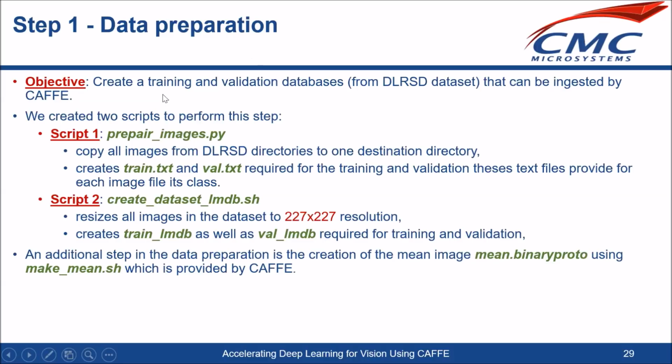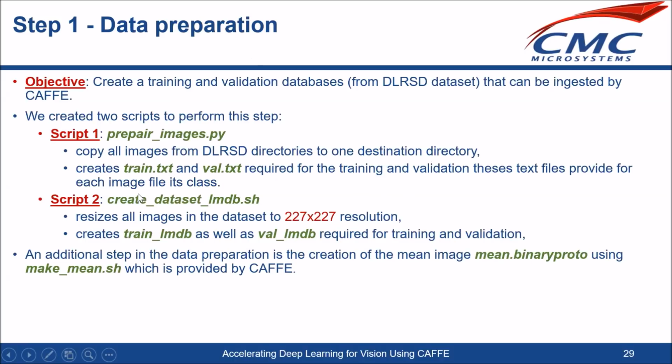The first step is to create training and validation databases from this data set that can be ingested by Caffe. We have already prepared two main scripts. The first script copies all images from all directories to one directory, and creates two files, train.txt and val.txt, required for training and validation.